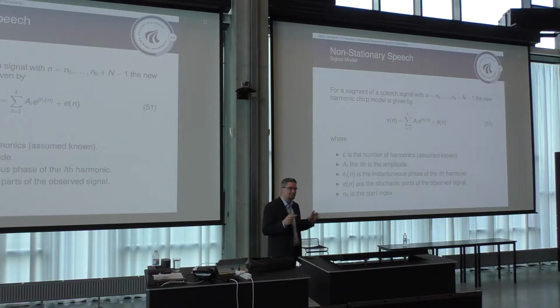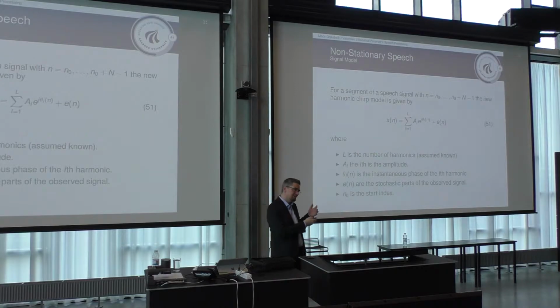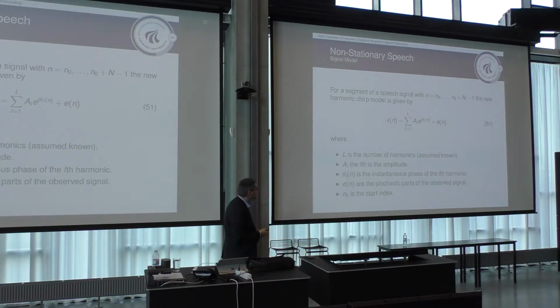This is one of these things where you think, how on earth can this matter? How can it matter if I start counting from 0 up to N minus 1, or from minus something up to plus something? But with these methods, you can determine from the Cramér-Rao lower bound that it does make a difference. So if you choose your index wisely, you can get better estimates. In many ways this is counterintuitive, but the math says so.